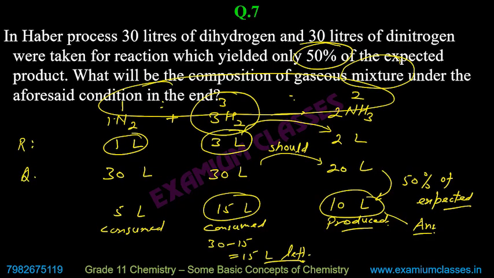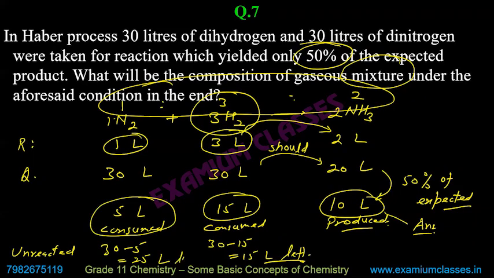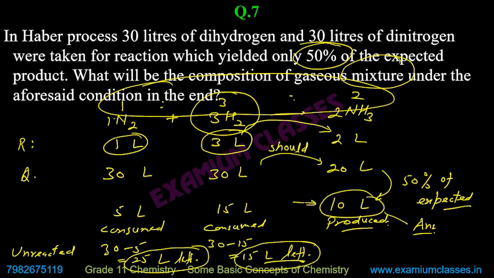Similarly, now find whether there will be nitrogen unreacted. Yes. 30 minus 5, 5 got consumed. 30 minus 5, that is 25 liters left. So at the end, you will have 25 liters of nitrogen, 15 liters of hydrogen, and 10 liters of ammonia.